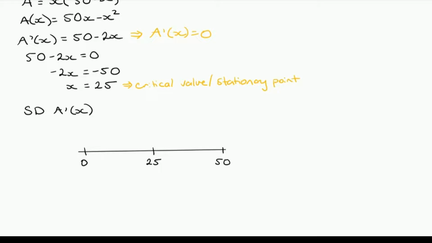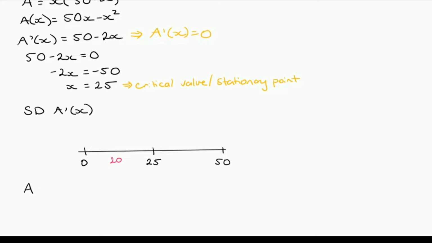So I'm going to plug in a number that is between 0 and 25 into my derivative function to see if it is a local maximum or local minimum. So see what's happening to this function on this side of my equation. So I'm going to put in 20, I reckon.